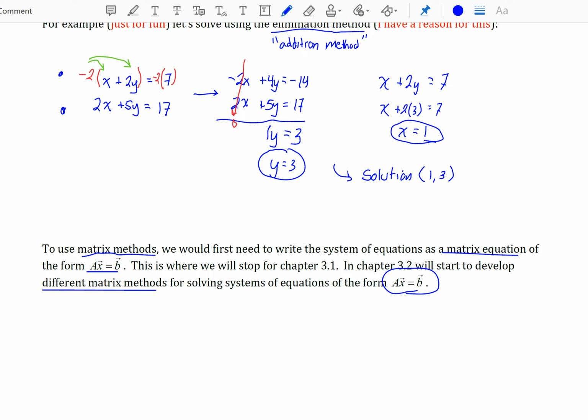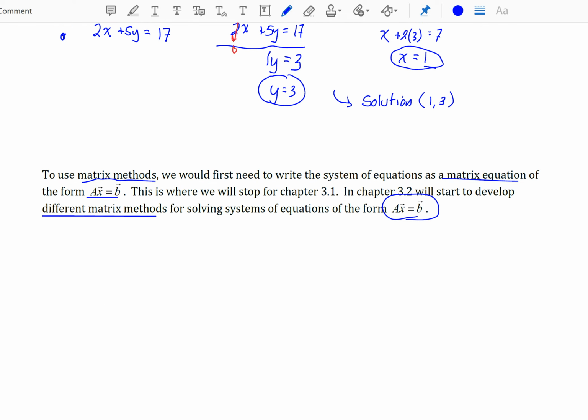And for clarity, I'm going to rewrite my original system here for us. So it's x plus 2y equals 7, 2x plus 5y equals 17. And I want to write it in the form AX equals B. Now, the way I do this is the matrix A, this is sometimes referred to as your coefficient matrix.